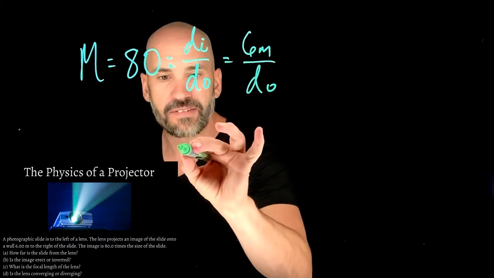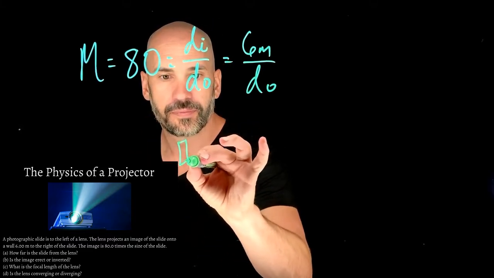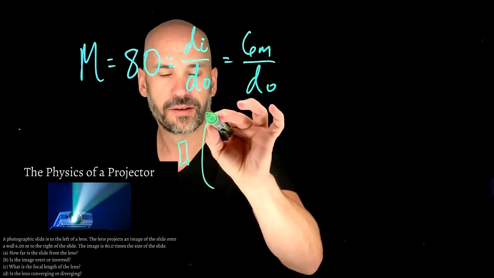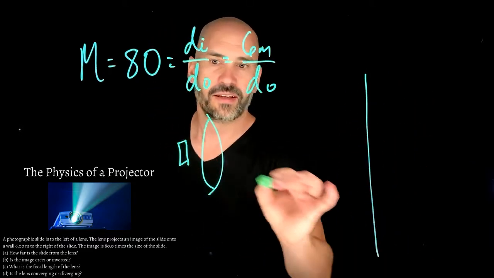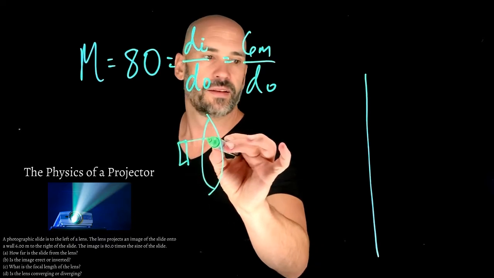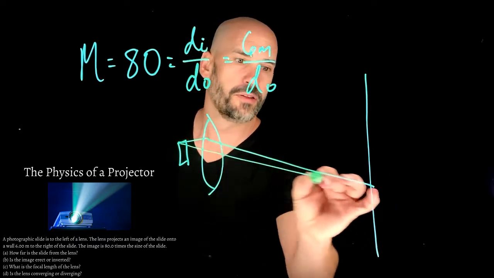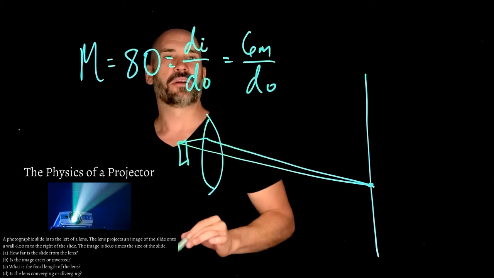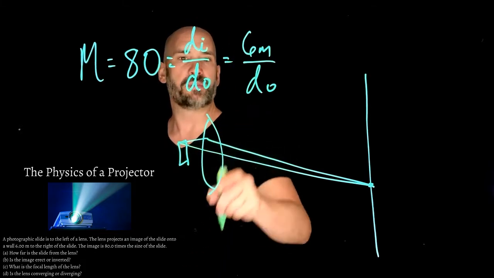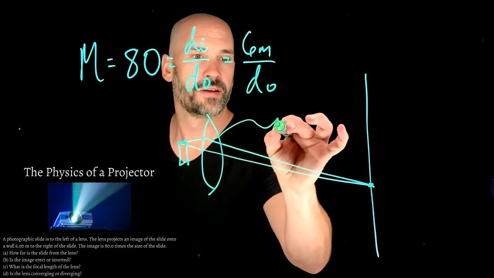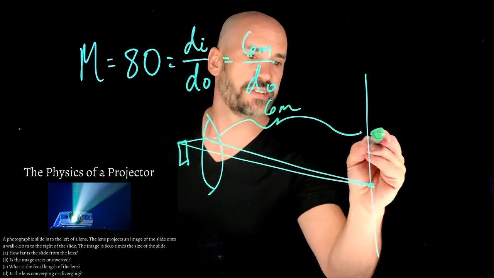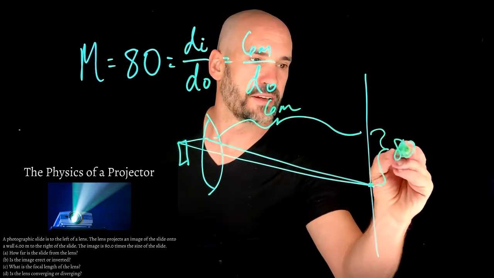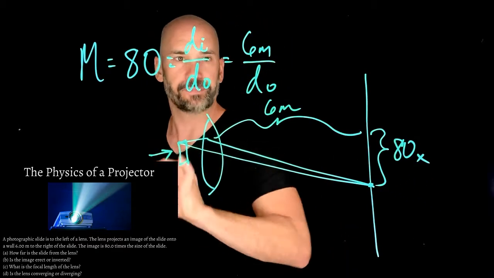So in other words, if I have a little slide here, and then I have my lens, and I'm ultimately projecting this onto the wall, I want to find out what my object distance is. I know that this is 6 meters, and I know that this is 80 times the size of whatever's on here.